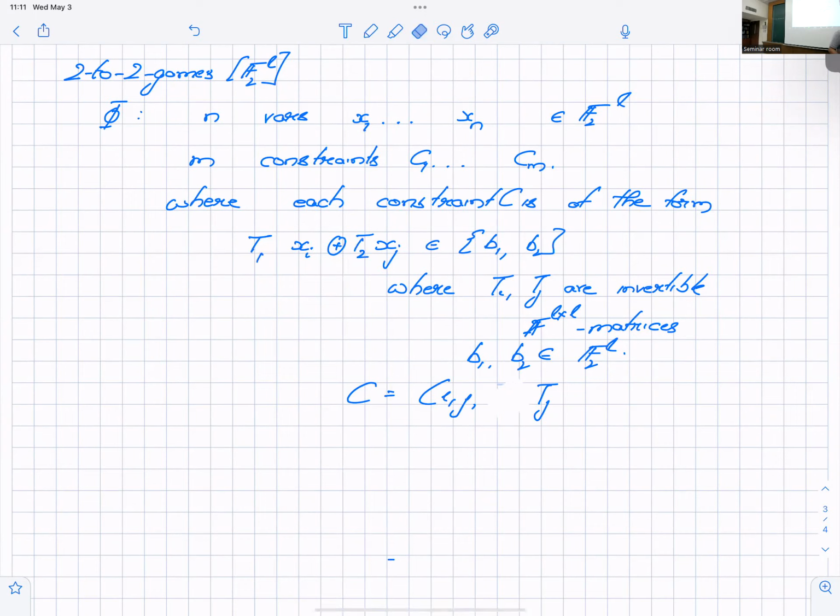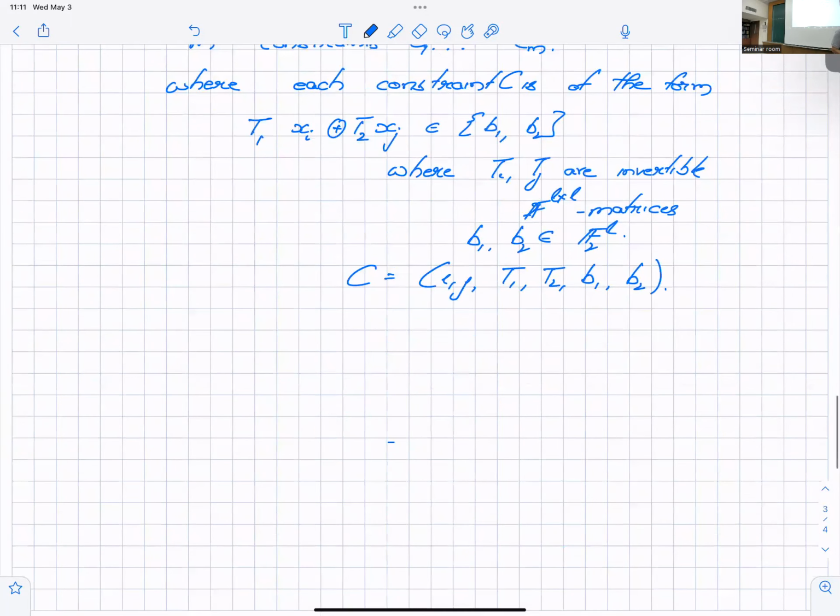Every edge basically comes with two matrices and two vectors. That's the constraint, and the gap problem for 2 to 2 games over F2^L is defined accordingly.